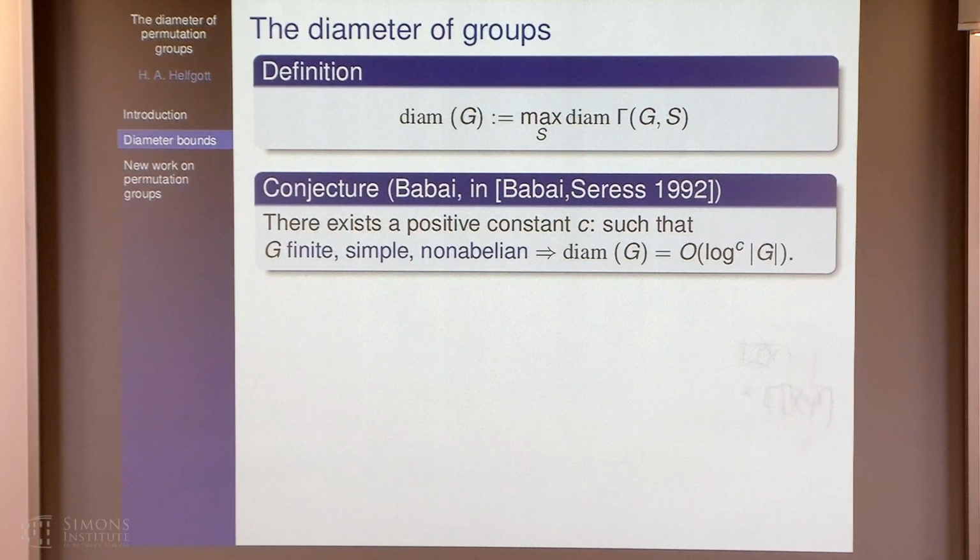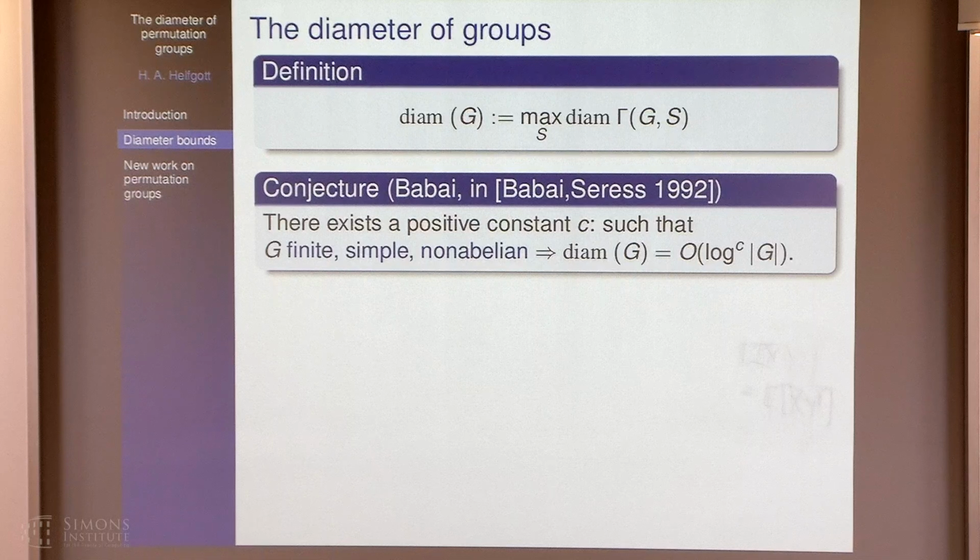And there's this conjecture due to Babai that says that for every group that is, well, finite, of course, non-abelian and simple, meaning it doesn't decompose into smaller groups in an easy way, you will have that the diameter is quite small with respect to the size of the group.